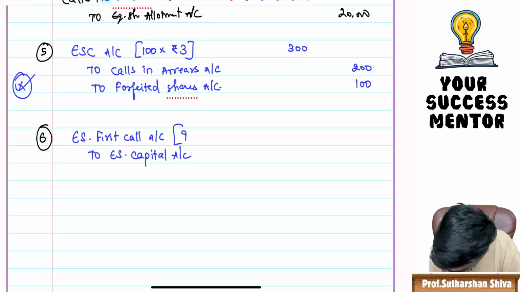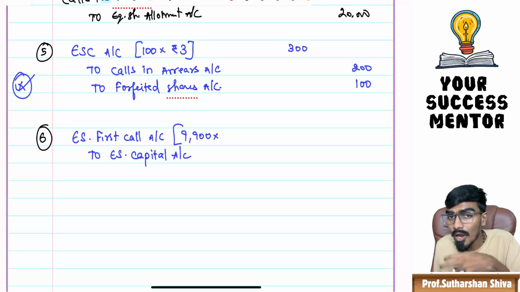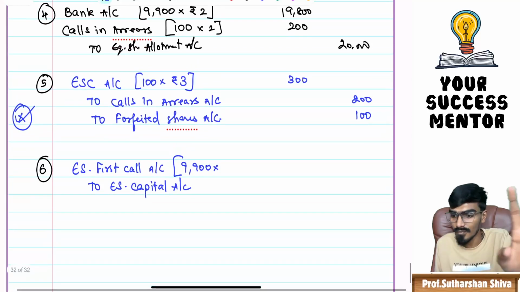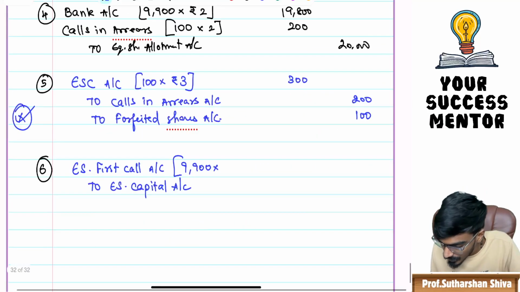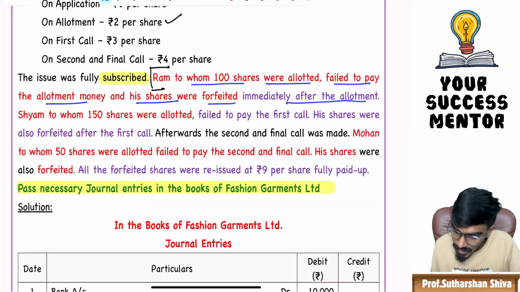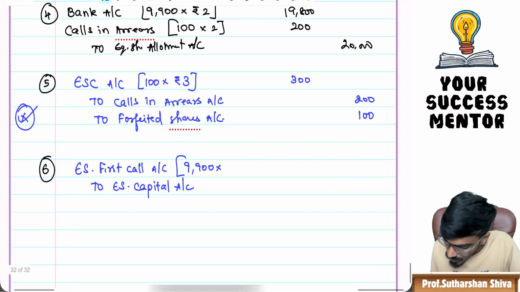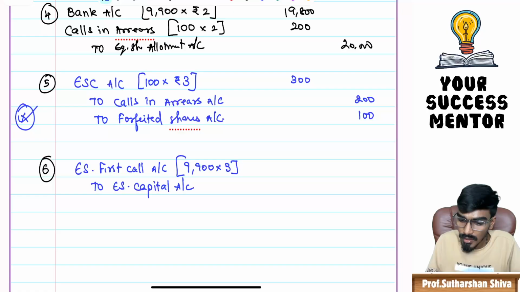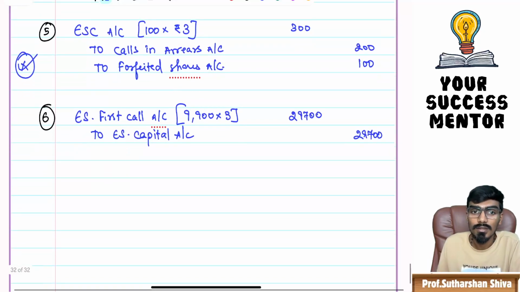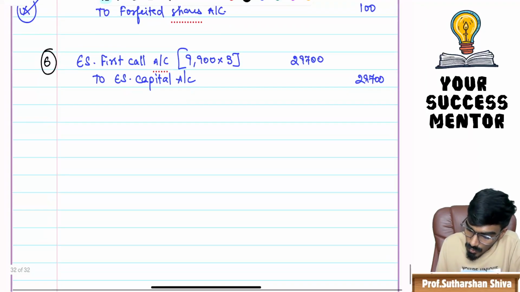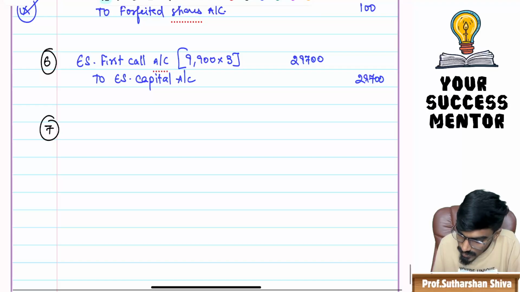Hereafter, it is only 9,900, because we already forfeited the shares of Ram. So it is 9,900 into 3, which is 29,700.